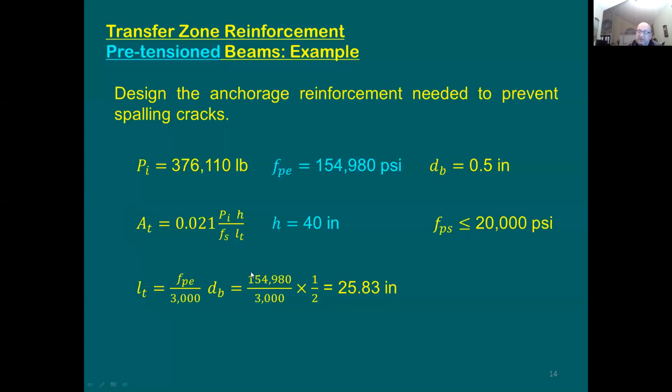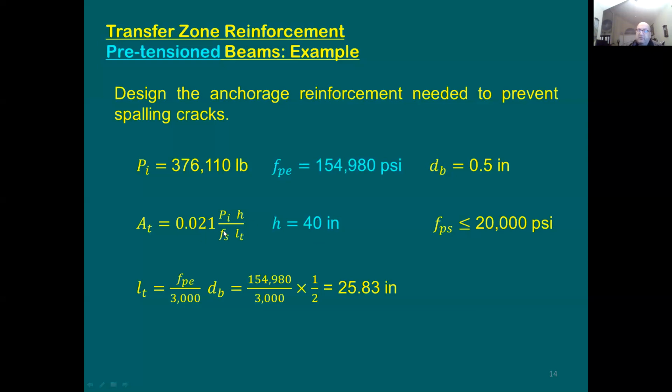In this equation here, if you take F sub PE divided by 3,000 to put it in KSI, and then you multiply by 1/2, which is the diameter of the bar, it is going to be 25.83 inches, which is roughly about 1/2 of H. Now I understand why I was saying 1/2, because most likely you're going to have maybe 24 inches, 25 inches, and most likely the depth of a pre-stress beam is going to be maybe 40 inches, 50 inches, and so forth. This is going to be the range I'm looking at.